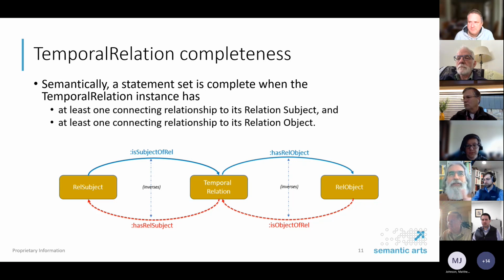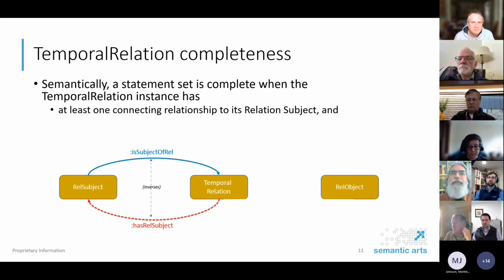But that does not factor into the completeness thing, in part because the start and stop dates are treated as literals, their data properties. And so there's not a necessary relationship here.